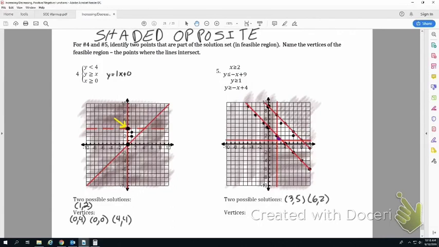My vertices that I know Gavin is going to write down, even though he's putting his stuff away, is going to be, I've got 2, 7. I've got 2, 2. I've got 3, 1. And I also have 8, 1.